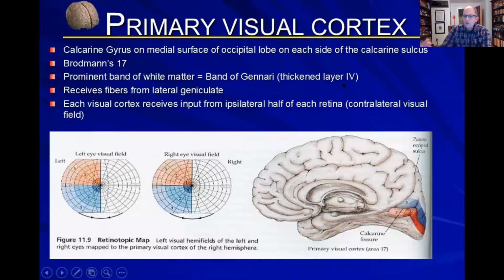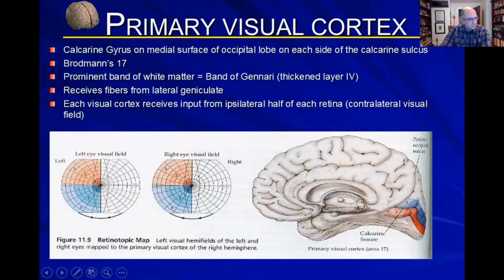So remember, most cortex has 6 layers. The visual cortex receives fibers from the lateral geniculate. Each visual cortex receives input from the ipsilateral half of each retina, representing the contralateral visual field.